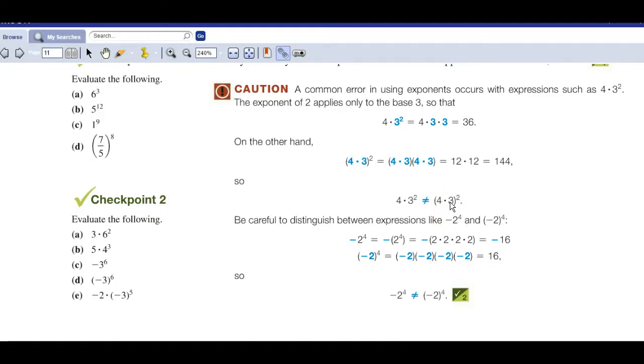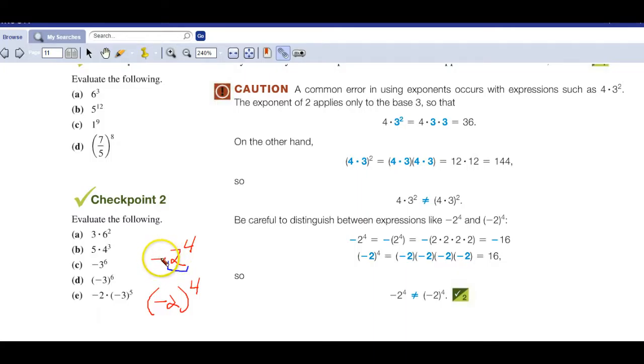Now, as I had mentioned before, there's a little trickiness every once in a while if you have something like this. Negative 2 to the 4th, and if you had in parentheses negative 2 to the 4th. Here, the base of this one is just what is immediate to the left of the exponent.